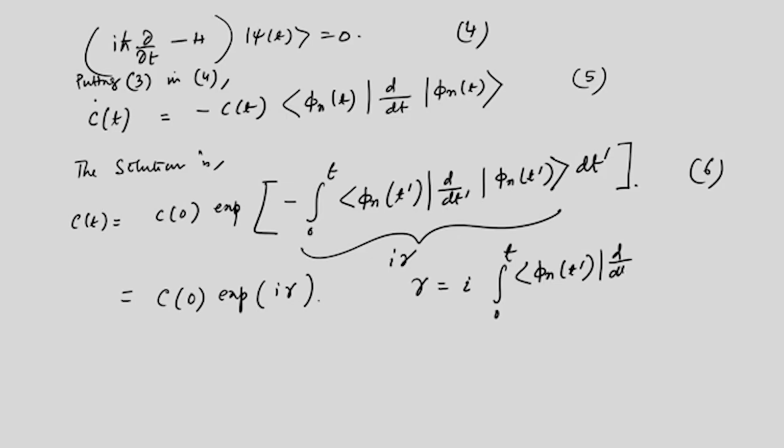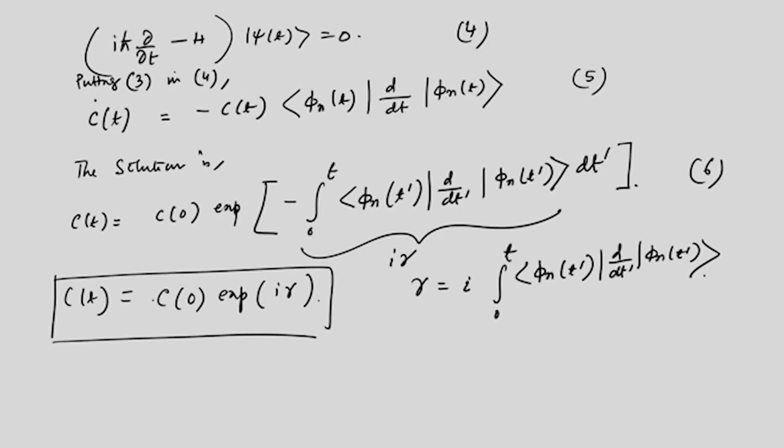Okay. So, this is C of t, and this is the solution of this equation in case of a time varying Hamiltonian. So, let us call this as 7. Okay. And the gamma is this, and we can call this as 8.